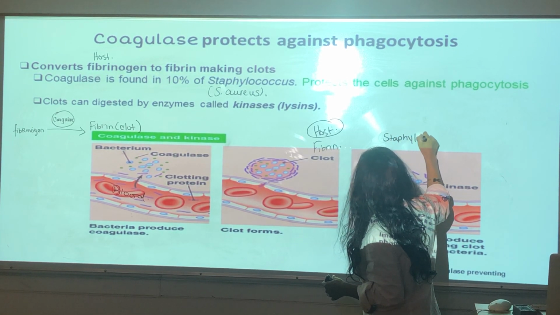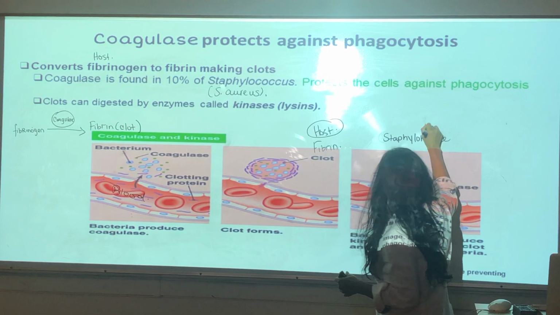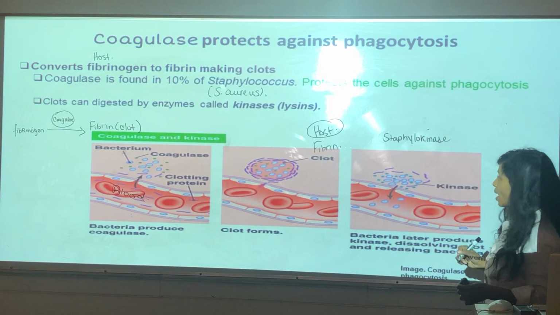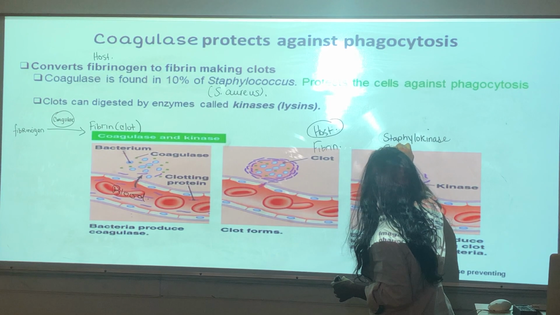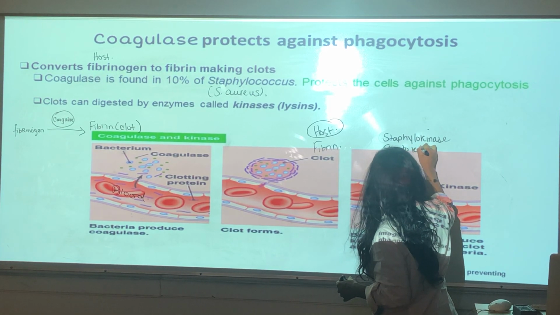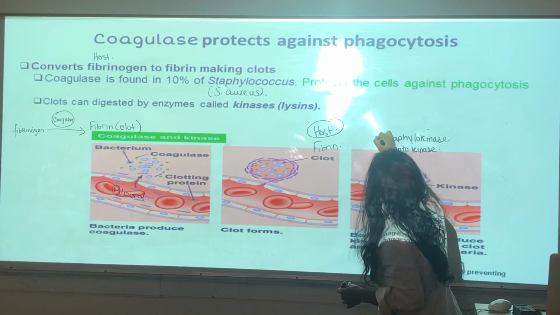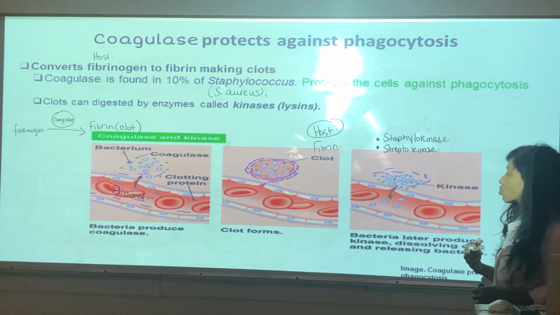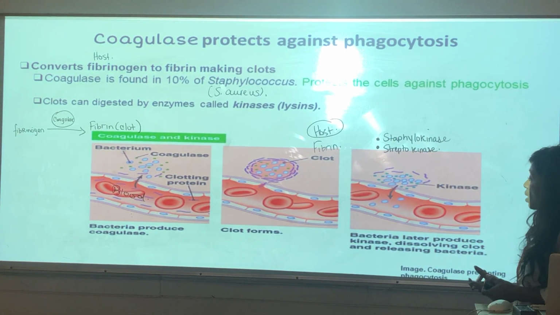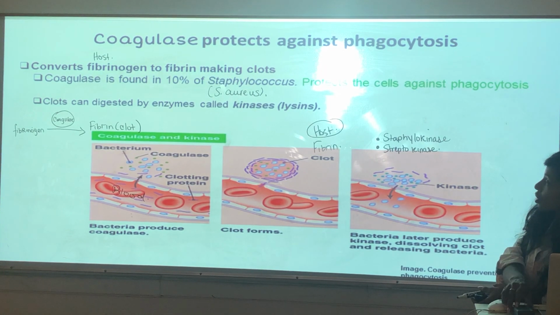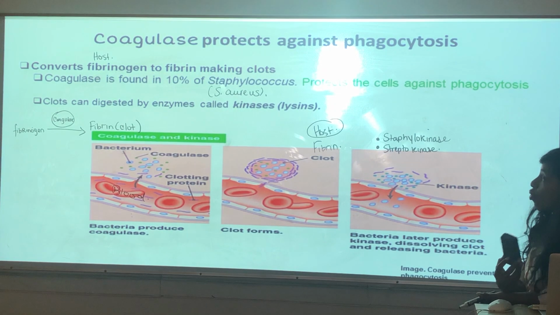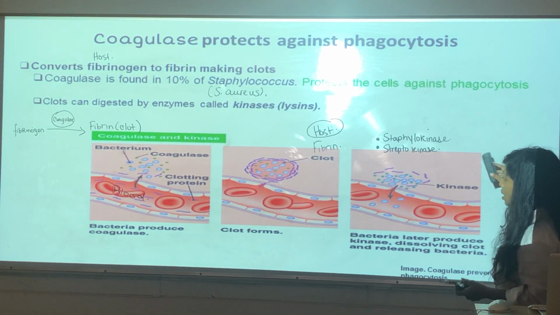Staphylococcus makes staphylokinases, and Streptococcus makes streptokinases, and these can lyse blood clots. So these organisms can dissolve the blood clots and release themselves to other areas. Some organisms can make and break blood clots, others can only break them, but again, this is all part of the bacteria's mechanism to survive inside their host.